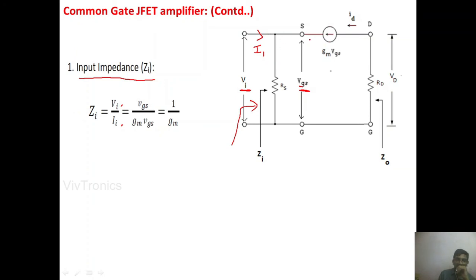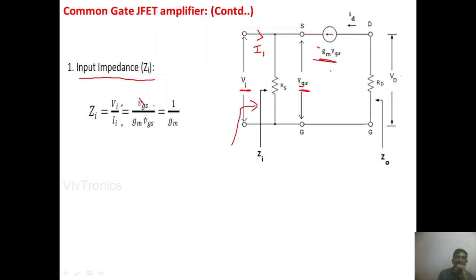divided by the IA current. IA is the current, that is nothing but GMVGS. Therefore, VGS divided by GMVGS. Actually, we have to take the current as minus GMVGS, but in impedances we don't have any minus term, so that's why VGS by GMVGS.